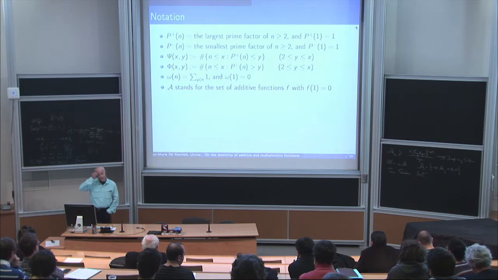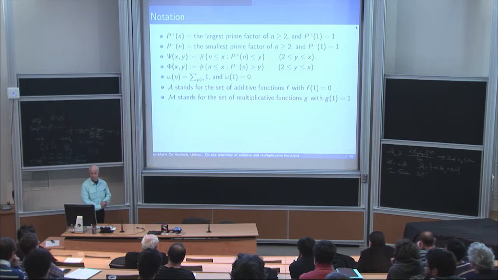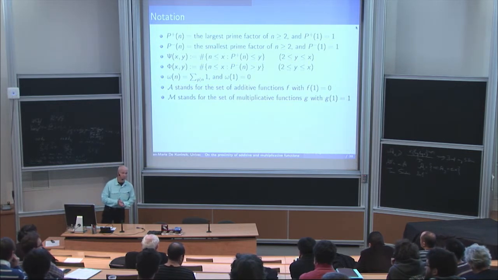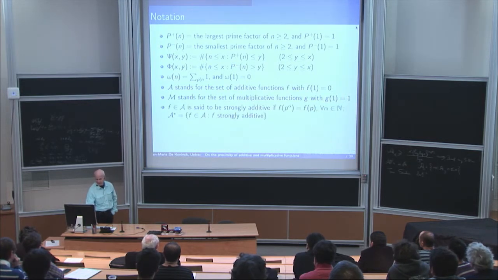And I'll denote by A the set of additive functions with f of 1 equal 0, and M the set of multiplicative functions. So f will always be an additive function, and g will always be a multiplicative function, with g of 1 equals 1, because some people assume g of 1 equals 0, but I ask for g of 1 equal 1.